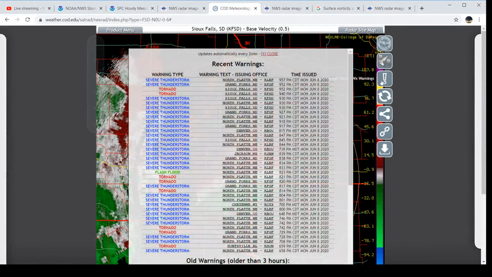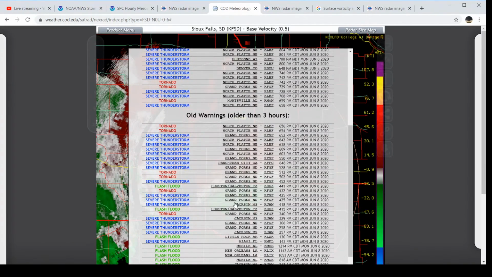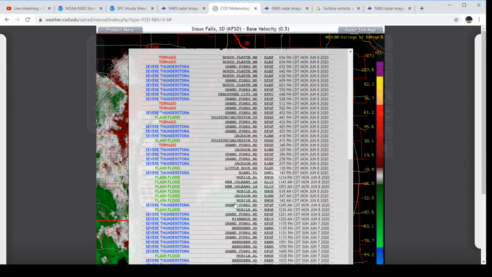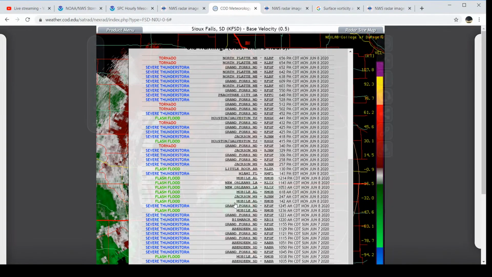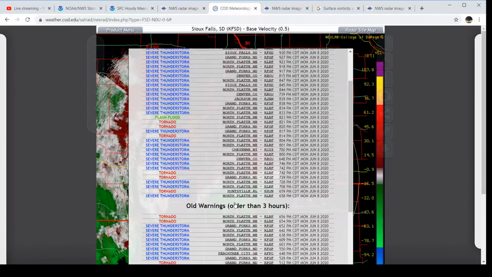Oh, got another one. Severe thunderstorm warning. See all the tornado warnings? That's all we had today so far.